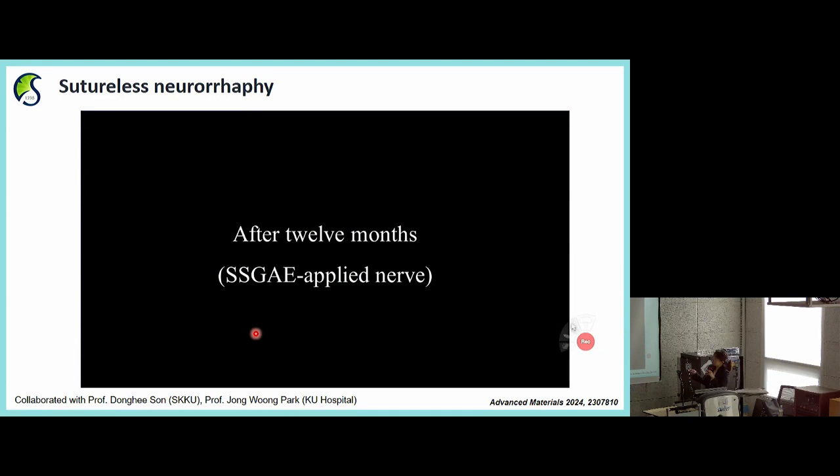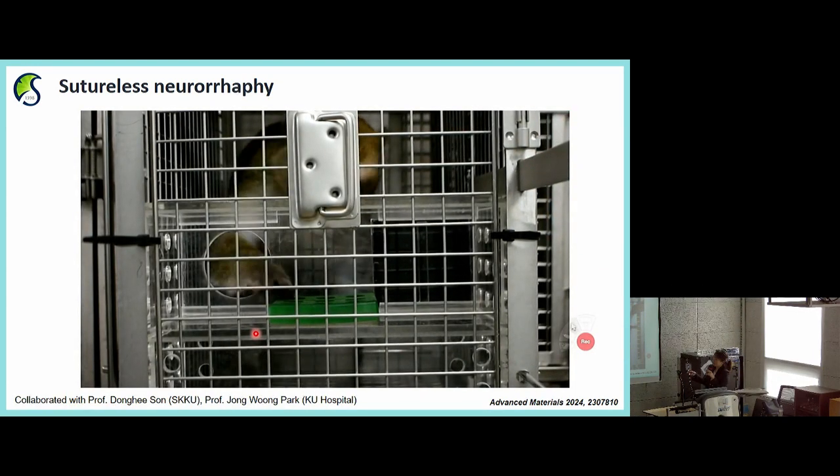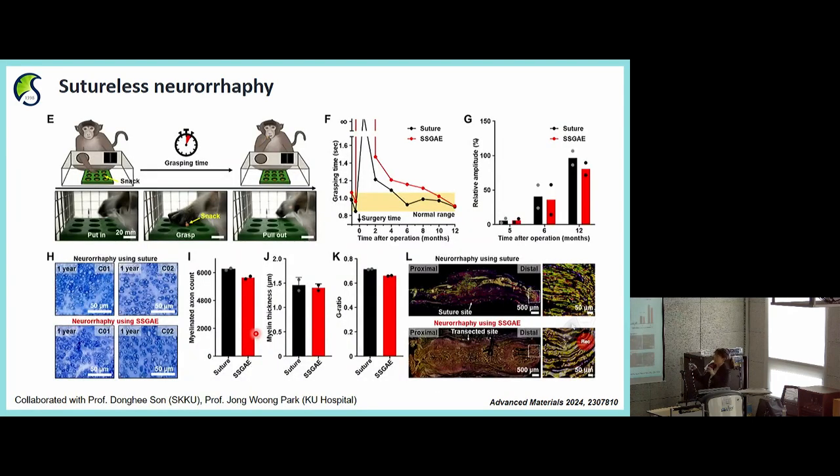But after 12 months, he could get all the snacks, like here. So that means his nerve fully recovered after the implantation of our patch, and actually our patch has a similar recovery level compared to the suture.